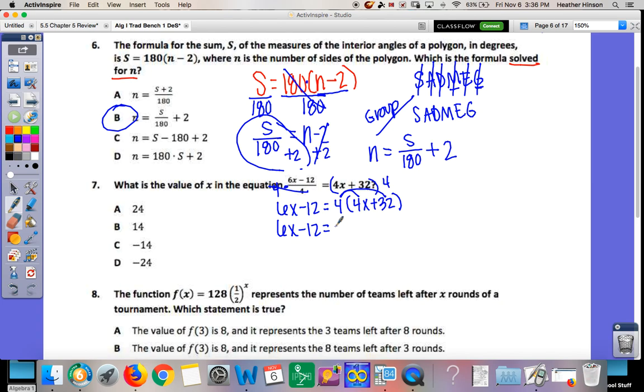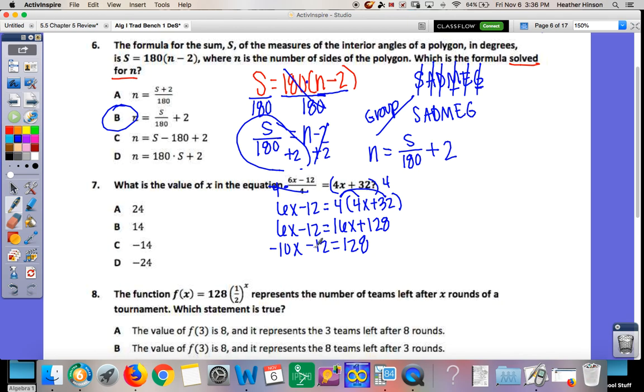So 4 times 4, 16. 4 times 32 is 128. And then solve. How do we get our x's together? Just subtract it over. Minus 16. 6 minus 16 is negative 10. How do we get our numbers together?